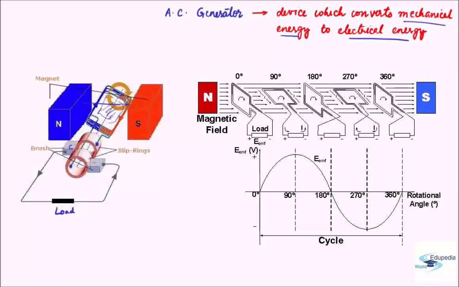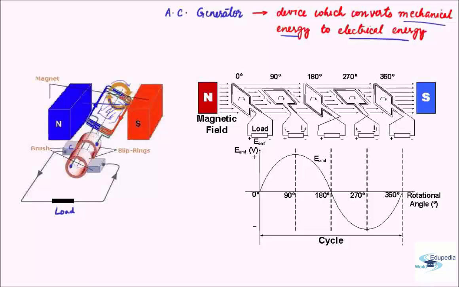This brush connects to the other terminal of the load, thereby completing the circuit. Now this whole coil system is manually rotated. This is the mechanical energy we provide to rotate the coil. This is the basic structure of an AC generator.